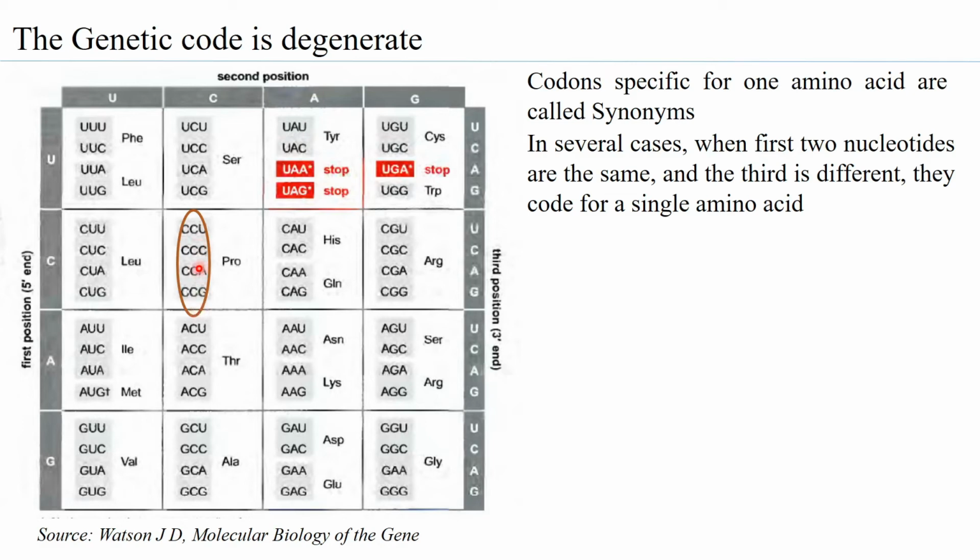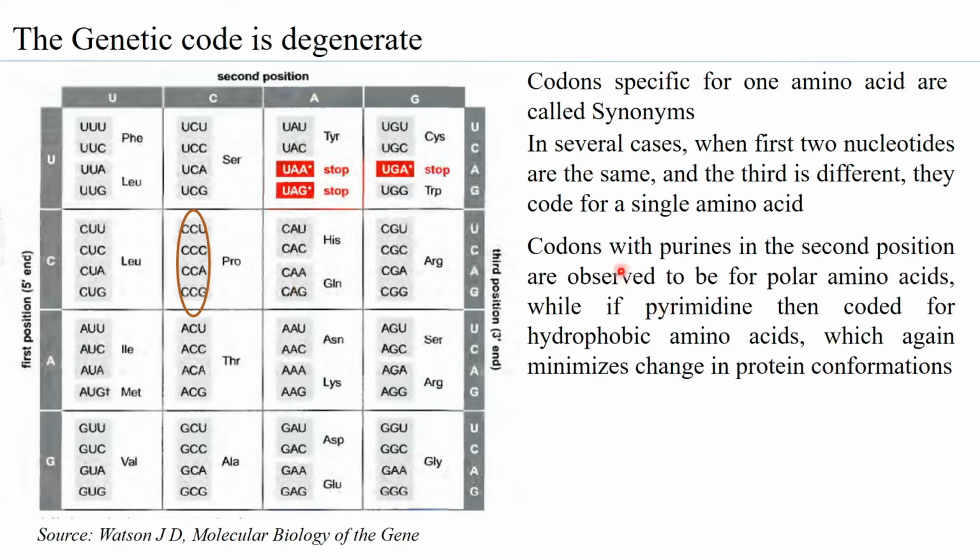You can see the alteration in the DNA, but you will not see the alteration in the protein. So you can see how the genetic code has evolved to minimize the deleterious effect of the mutations. Here the mutation is completely silent.